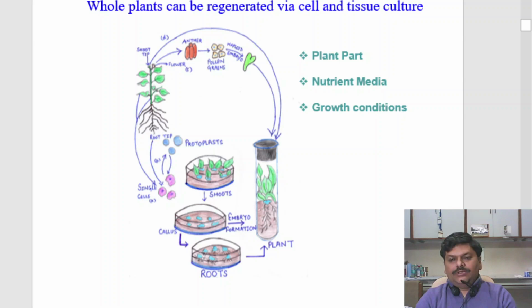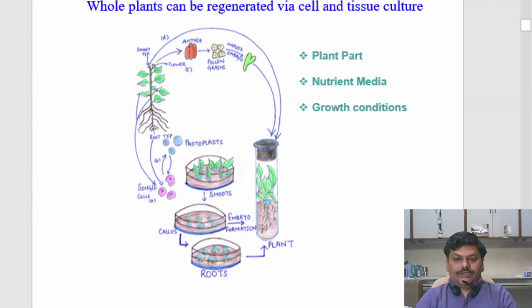So plant tissue culture in the last 30-40 years has seen a long development in a way that it is technically now possible to tissue culture each and every plant, provided that we identify three crucial elements, such as which part of a plant should be taken for plant tissue culture, what type of growth and nutrition media is provided to that part of plant so that it can be used in plant tissue culture, and third is the growth conditions.